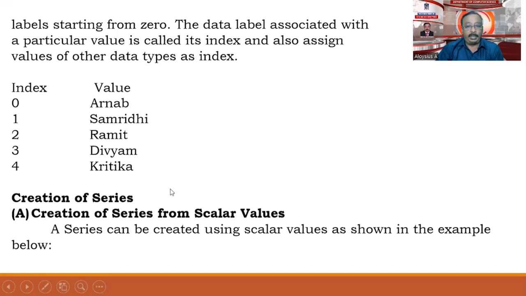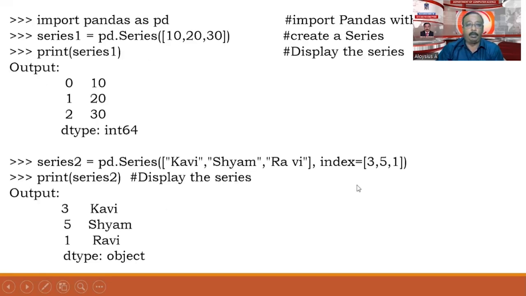Now coming to creation of a series. Creation of a series from a scalar value. A series can be created using a scalar value as shown in the example below. For any pandas related function, you will have to import pandas with the alias name pd.